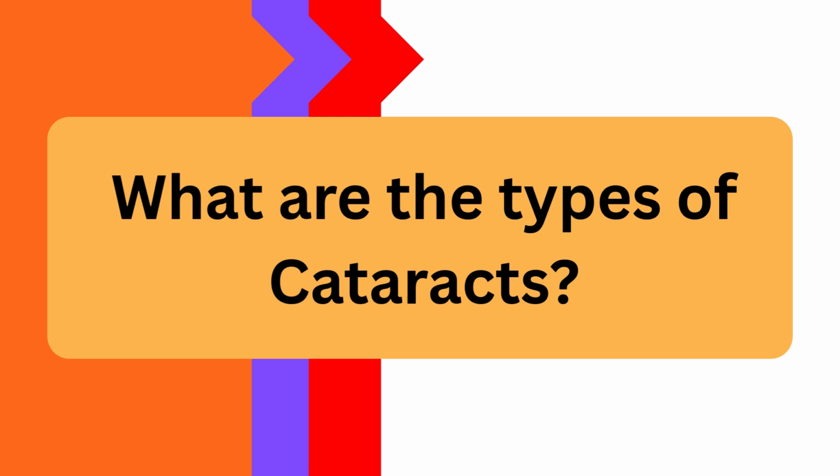Again, one more cataract is drug-induced cataract. Some of the people use steroids for longer periods, for months, sometimes some years, for some other medical problems like rheumatism, nephrotic syndrome, whatever it is. When they use steroids for long periods, they develop cataract due to this drug steroid. This is called drug-induced cataract.